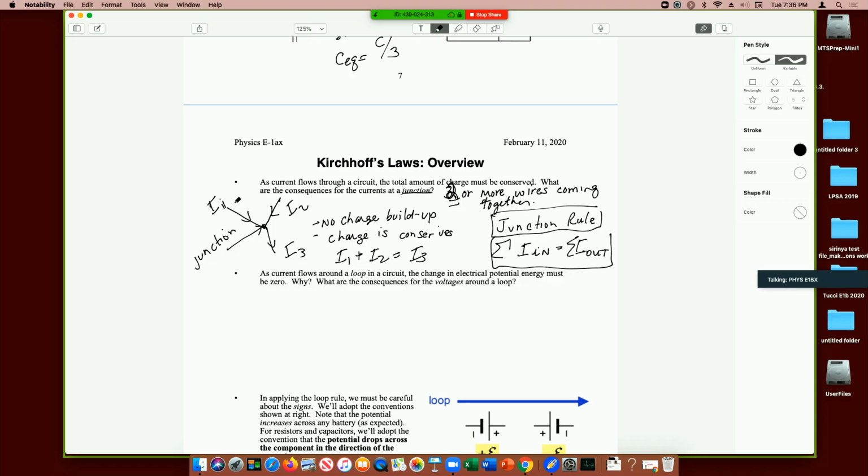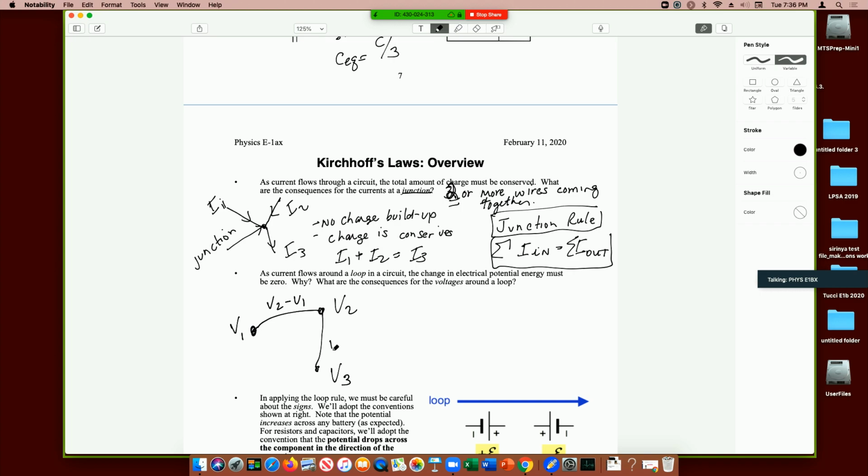So let me draw a little example to explain what I mean. Let's say you have this point in a circuit, which I'm going to call V1, this point V2, and this point here V3. From here to here is just V2 minus V1.